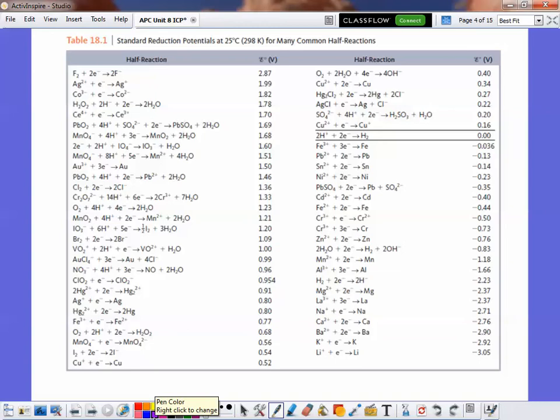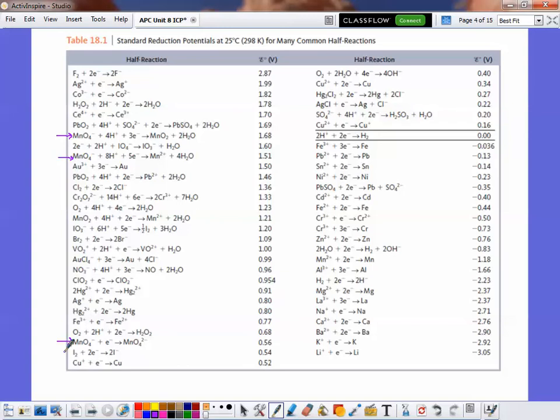So MnO4 minus is actually on this chart 3 times as a reduction equation. It's right here, and right here. Now, 2 of these 3 are in acidic solution. 1 of them is not.